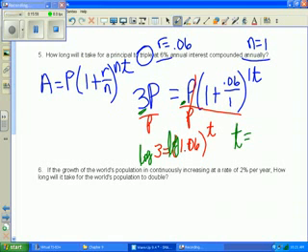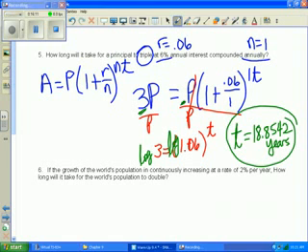That's a pretty basic log problem to do. And the answer there ends up being 18.854 something. Okay, so that would be how many years it would take your principal to triple, if you had an annual 6% interest rate. Not too bad. Okay, next.